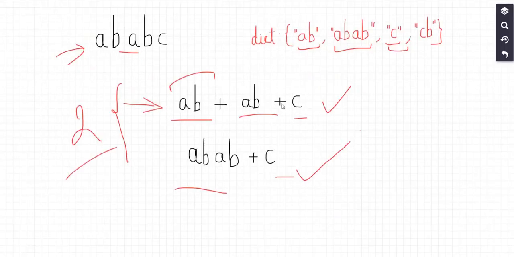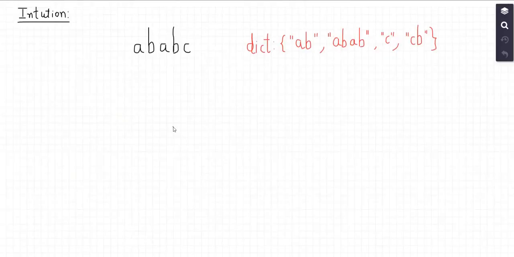Let's see how we can build the solution to solve this problem. The intuition to solve this problem is simple. We start from the first character, we start traversing the target string, and we check the prefix that we currently have.